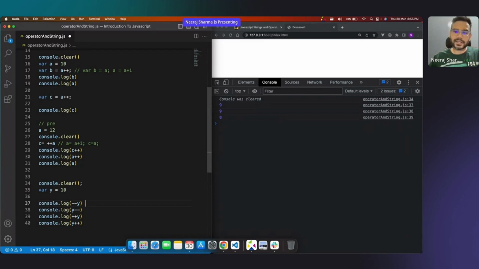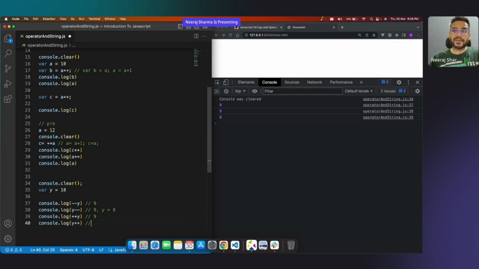Let's do it like this. What happened? First time we did pre-increment, so what is the value? It became 9. After that we did post, so the value which got printed was 9, but y actually became 8. Then we came here and said plus plus y, pre-increment: the value was 8, it became 9, right?